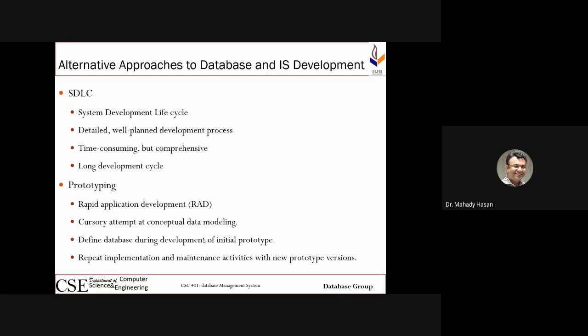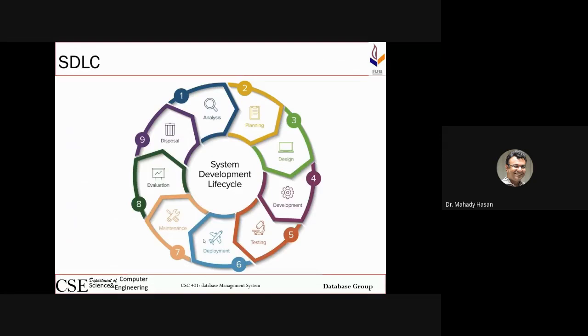Okay, let me go through those things, then it would be easier for you to understand. So the waterfall model or SDLC is a sequential process. One by one you have to work on each and every phase.